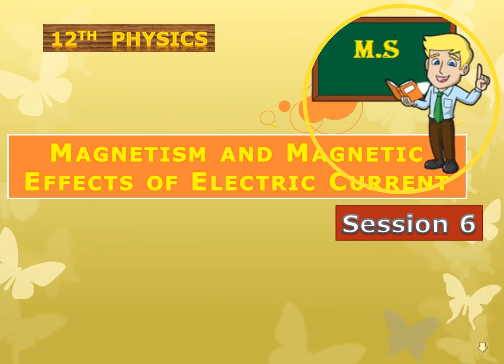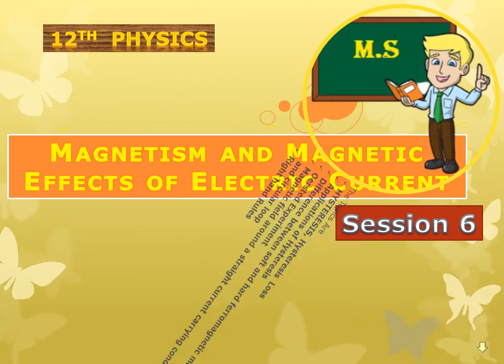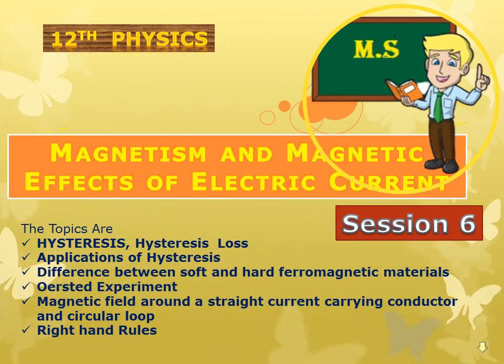This is session number 6, and today we are going to see the topics about hysteresis, hysteresis laws, applications of hysteresis, difference between soft and hard ferromagnetic materials, then the important experiment which is Oersted's experiment, magnetic field around a straight current carrying conductor and circular loop, right hand rules and Maxwell's right hand cork screw rule. Let's get into the subject.